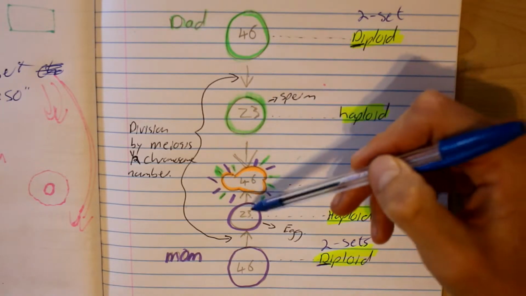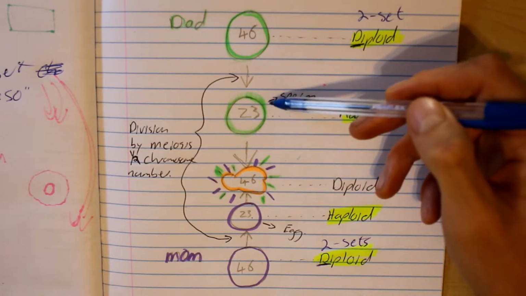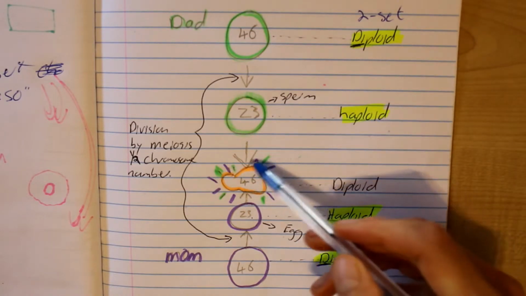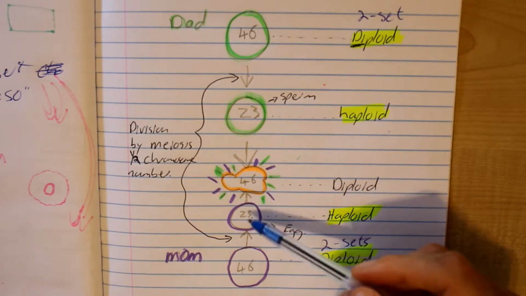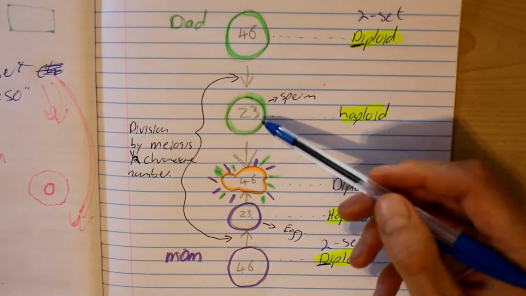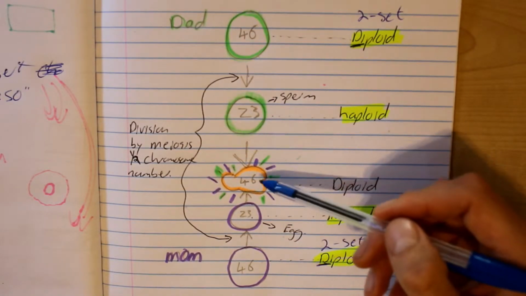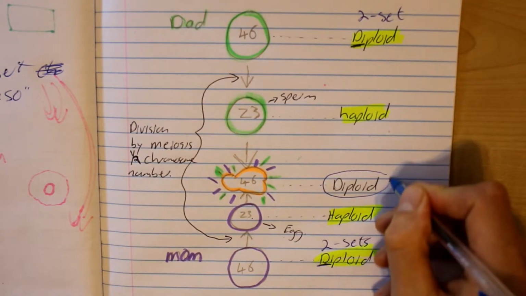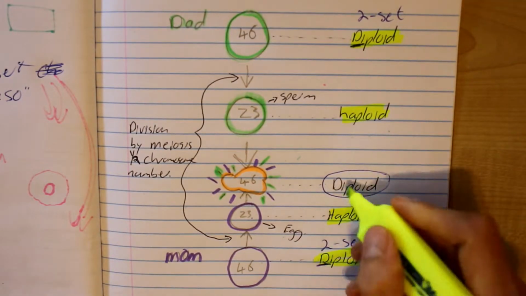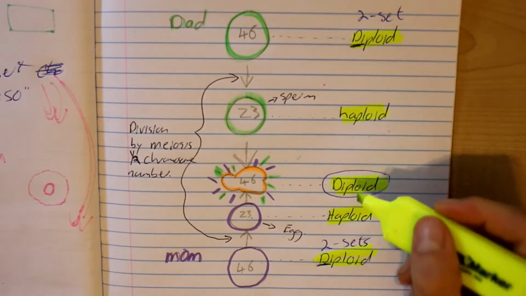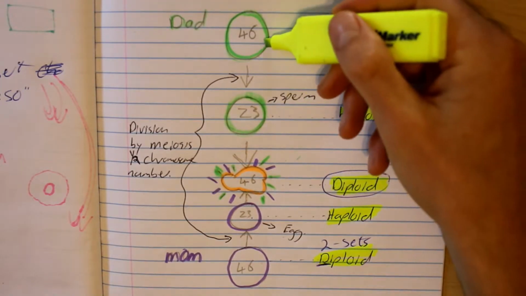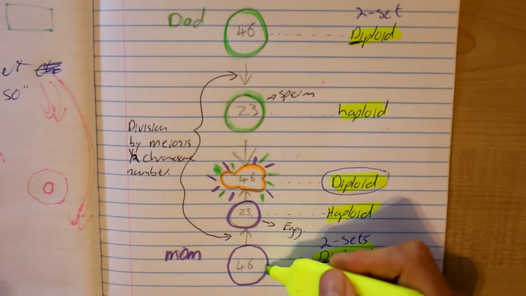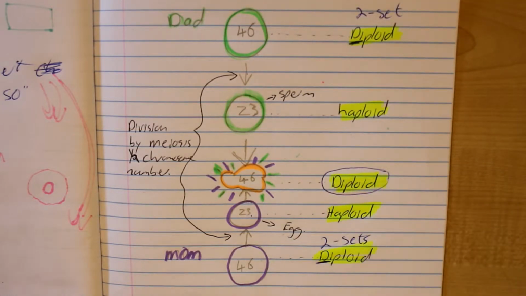When these two gametes meet, for example the sperm and the egg, they form a new cell with some of the mother's characteristics and some of the father's characteristics, and this new cell is once again a diploid cell with two sets of genetic information, half the genetic information it gets from the father, and half is received from the mother.